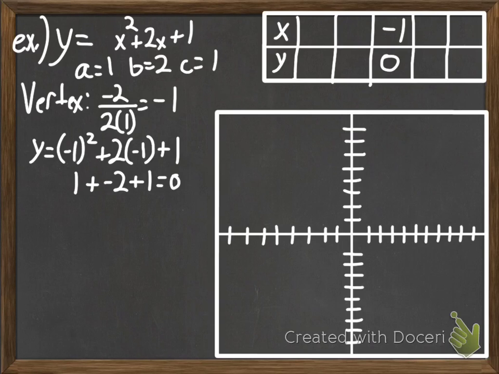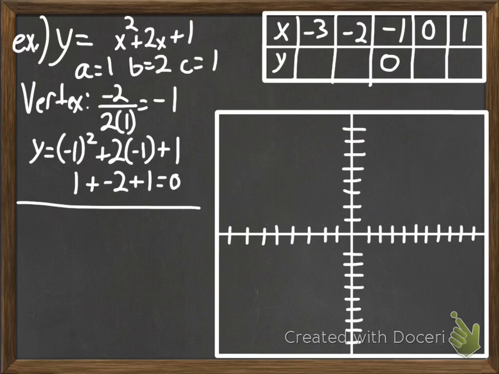Now I'm going to pick 2 points to the left, so negative 2, negative 3, and 2 points to the right, 0 and 1. Now I'm just going to fill out the xy chart. I'm going to be writing this down and then erasing it because I don't have a lot of room, so you need to be writing down everything that you see.